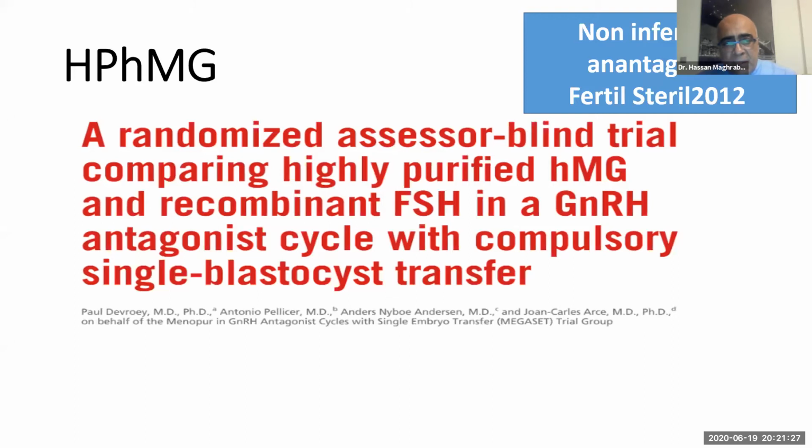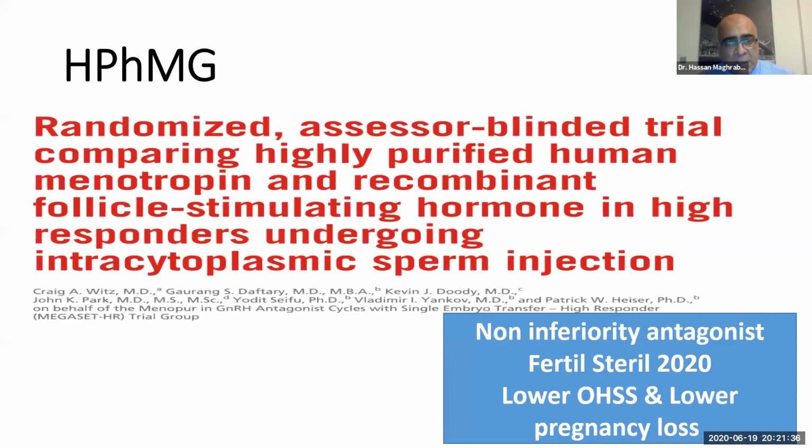The Megaset study also showed that highly purified HMG is non-inferior with the antagonist, and it has similar results also. The Megaset HR showed that it is non-inferior, but also has lower OHSS and possibly lower pregnancy loss.